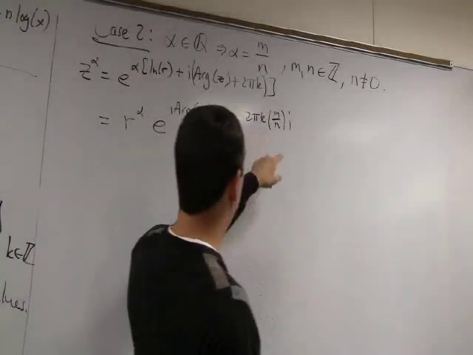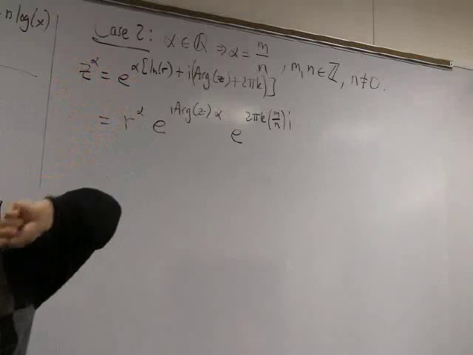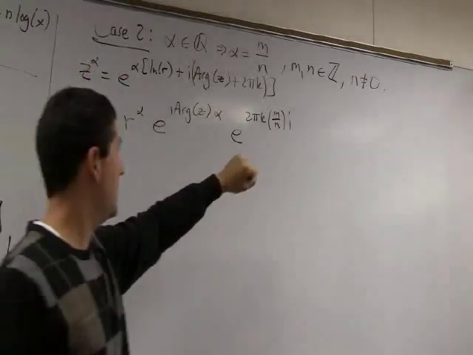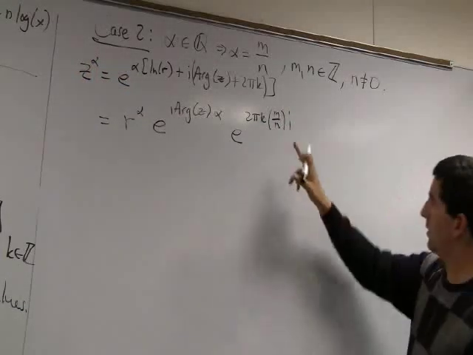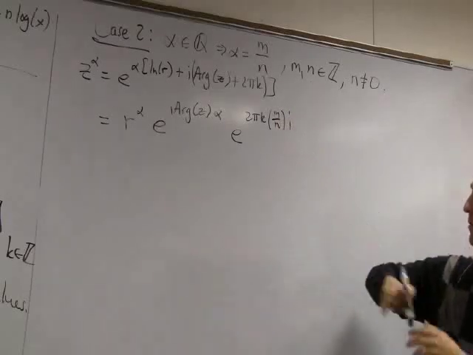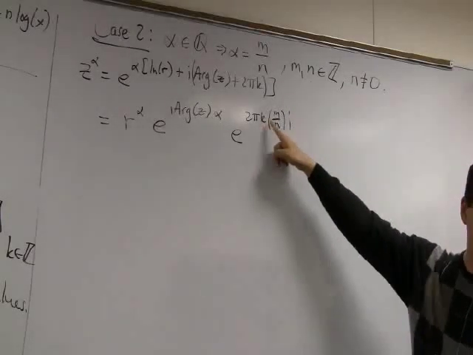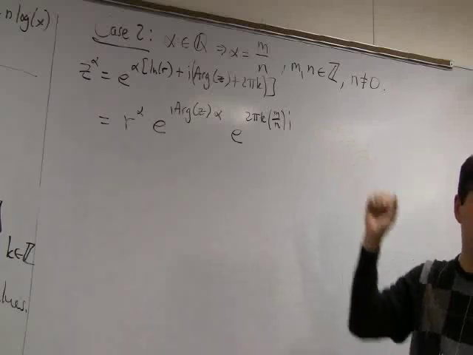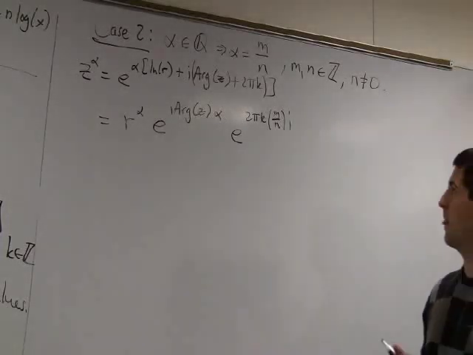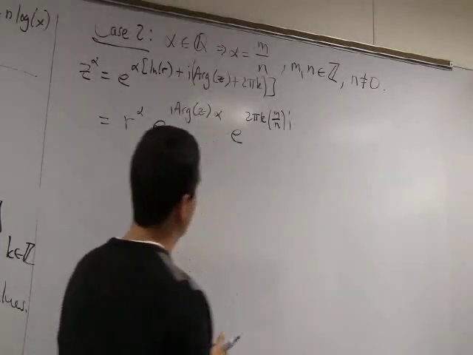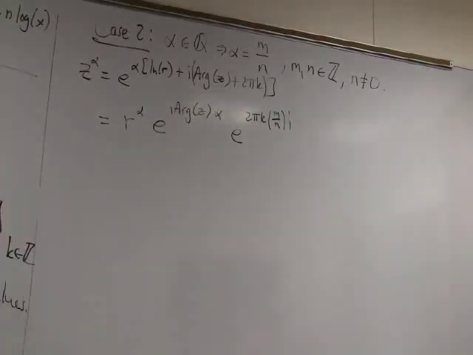Now in principle, these k's can run over all integers. This should look somewhat similar. As k runs over all integers, so does k times m. Is that true?